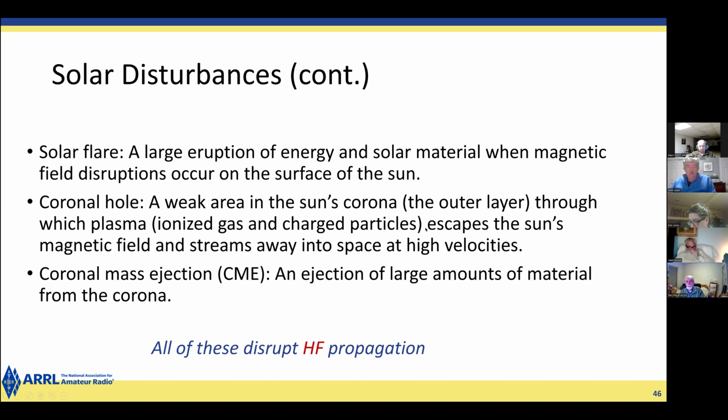There are also coronal holes in the outer layer of the sun, where plasma, which is charged particles, will escape, and things called coronal mass ejections, which you've probably heard about in the news this year, where the sun throws off large amounts of material from its outer layer, or corona.